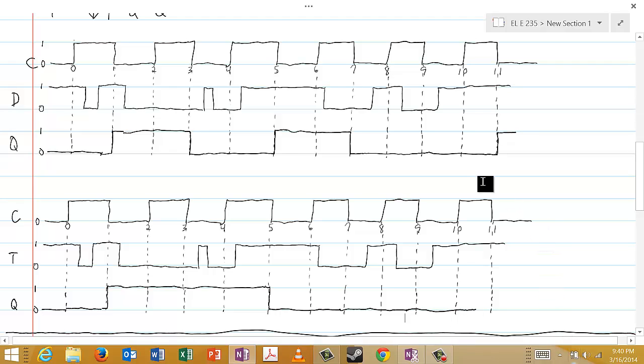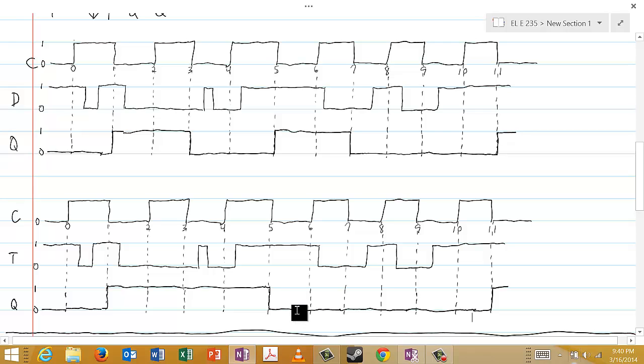And finally, at the final negative edge, which is at the time 11, the T input is equal to 1, so we want to toggle there. And this would be the output in this case.